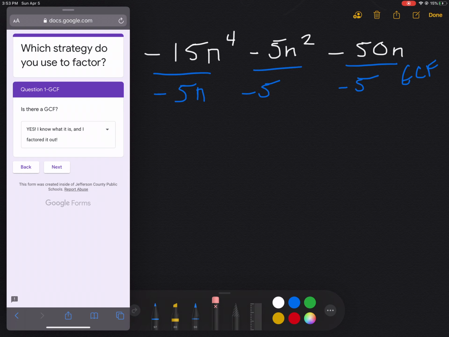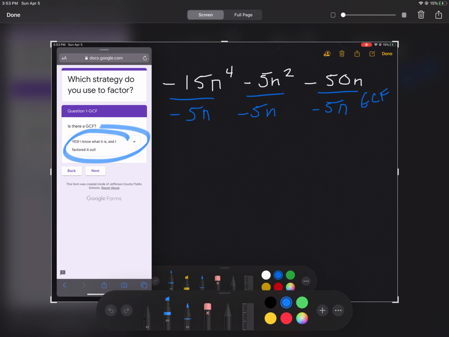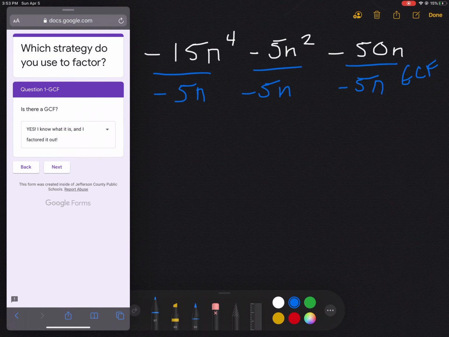So because this one only has one n, that means that we can only factor out one n. So we're going to factor a -5 and an n out of each of those terms. Hence the selection that I made, yes, I know what the GCF is, and I factored it out.